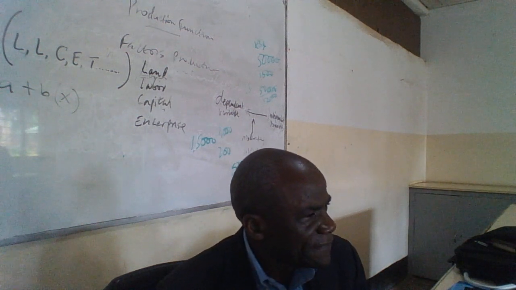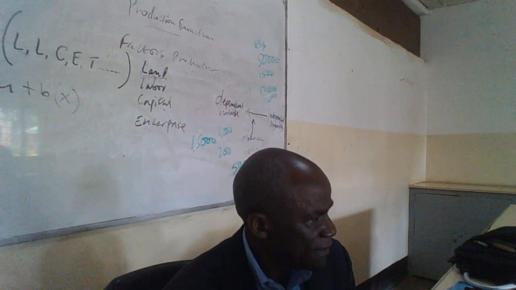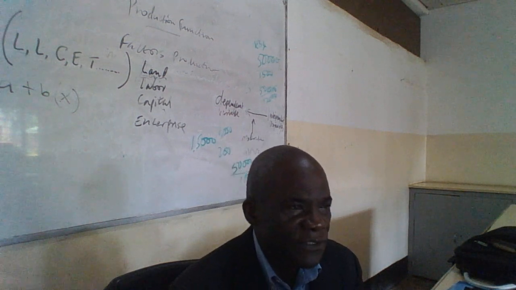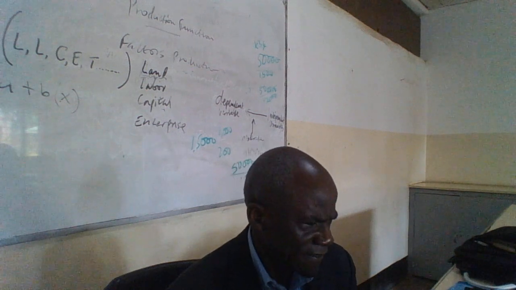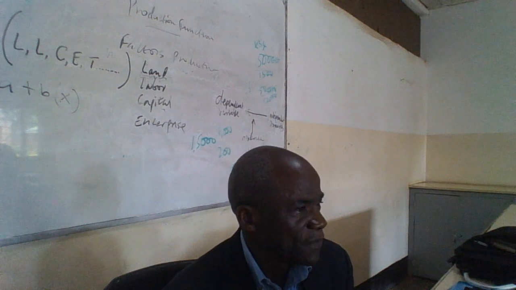One thing, the other assumption that I made, which I need to make a mention of, is that we are assuming that there's perfect competition in the market. We know that is always not the case. For example, issues of substitutes.